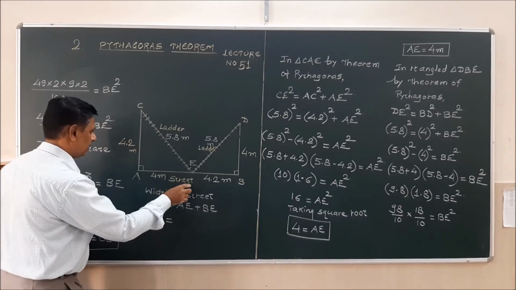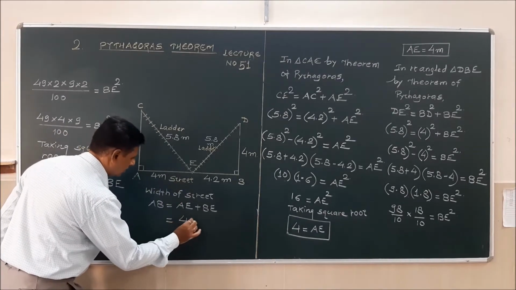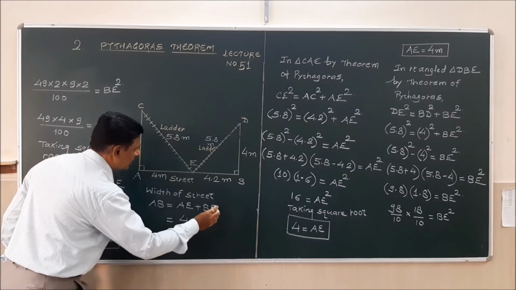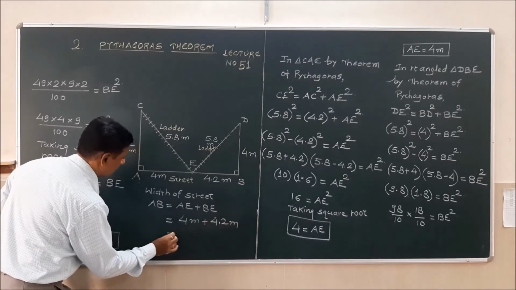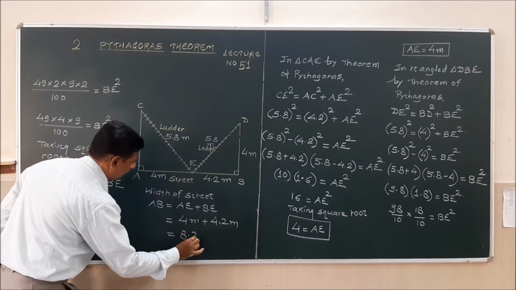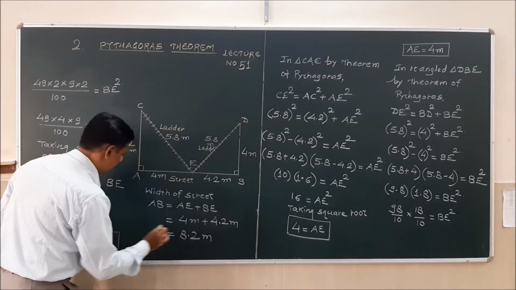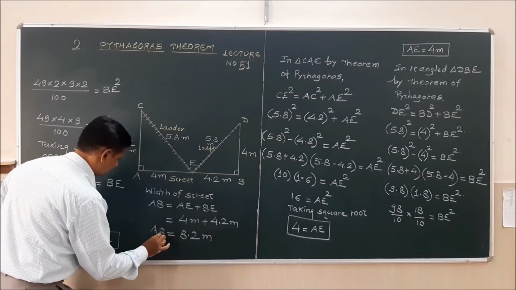The value of AE is 4 plus BE is 4.2. So that is equal to 8.2 meters.